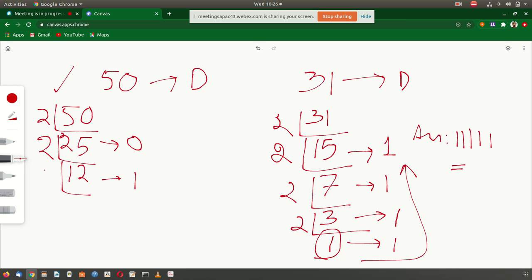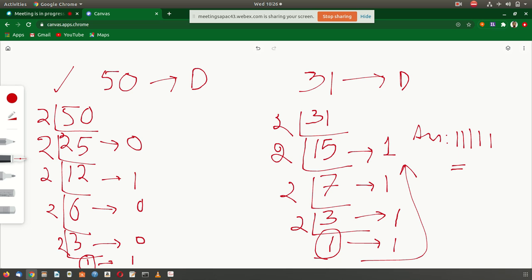Then 12 divided by 2 is 6, 6 into 2 is 12 and leftover is 0. 6 again divided by 2, we get 3. Leftover is 0. 3 again divided by 2, 2 into 1 is 2 and leftover is 1. So we get 1 here.